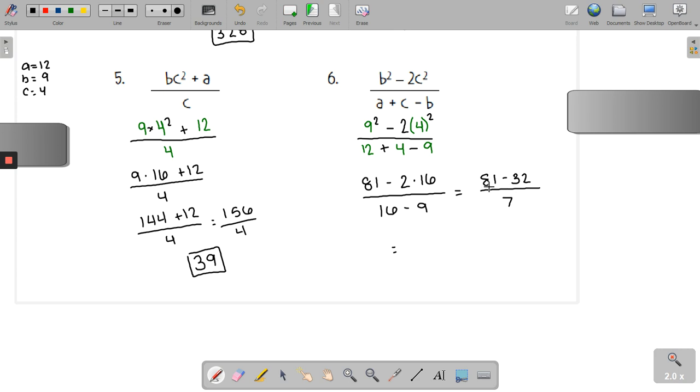Back to our numerator, 81 minus 32 gives us 49, with our denominator of 7. Lastly, 49 divided by 7 gives us 7. So that is how you solve expressions for order of operations and evaluate them when given an expression.